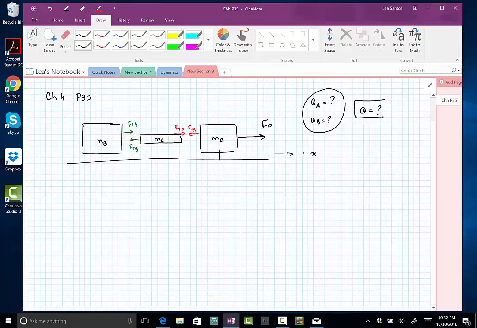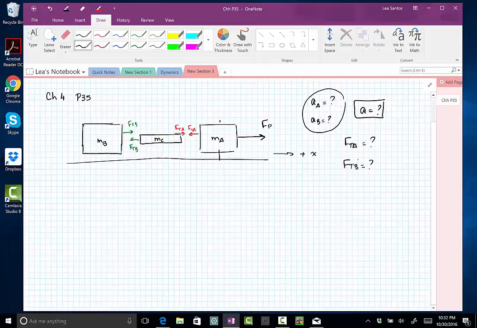So what I want to know is what is the acceleration of the system. So this is the first question. And okay, so acceleration A is equal to acceleration B, and I'm calling it just a. And the other question is, what is the tension force A and what is the tension force B? The red and the green.